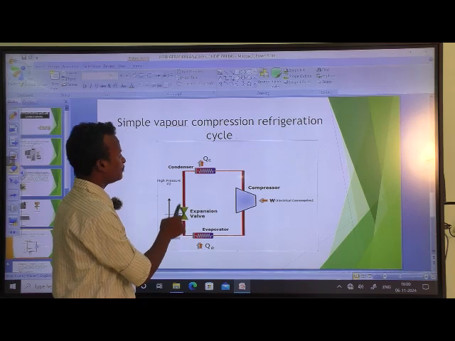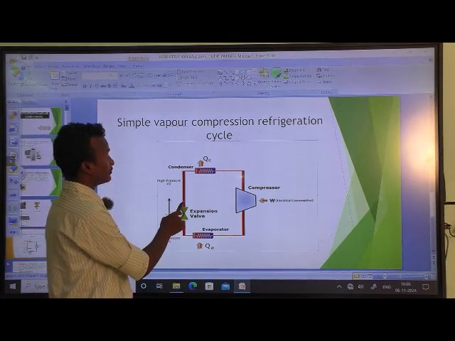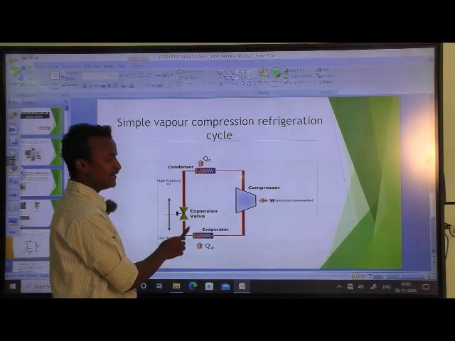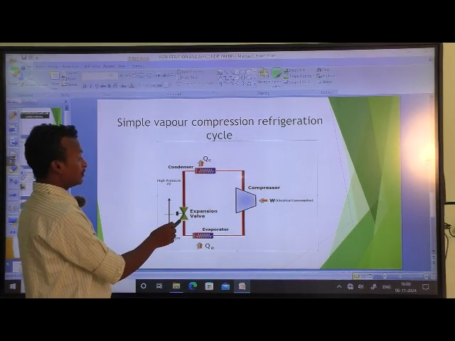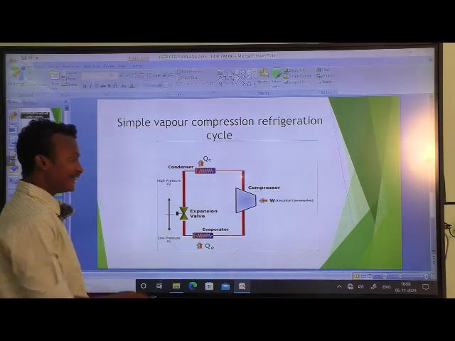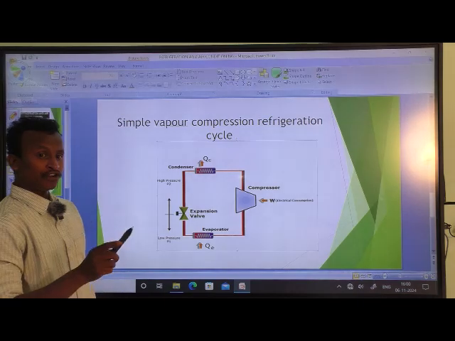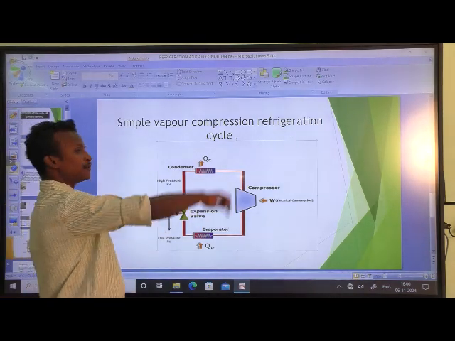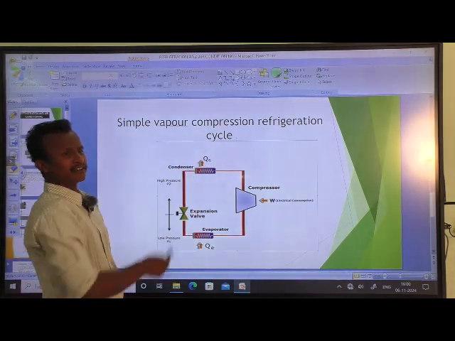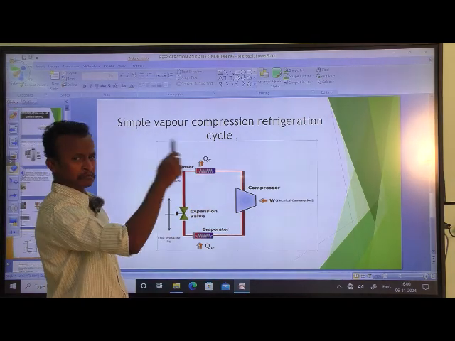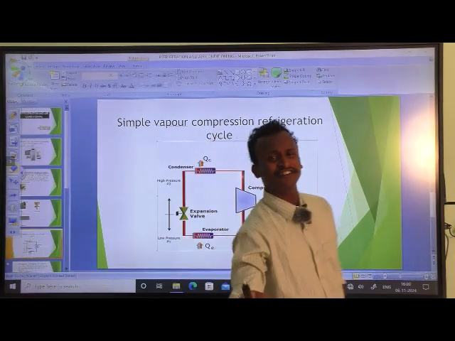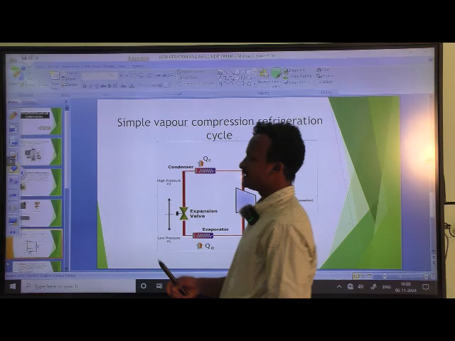So when the refrigerant flows from the expansion valve inlet to the expansion valve outlet, its pressure will decrease. It means low pressure will enter the evaporator. This is not a single process, this is a multi-process. The refrigerant will flow in these four components continuously and simultaneously, so that our simple vapor compression refrigeration system will successfully take place.